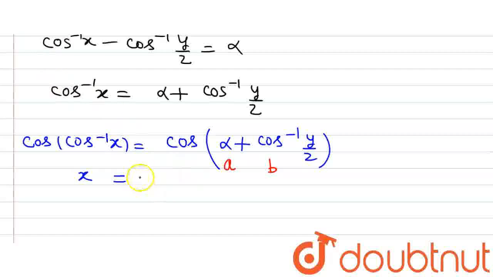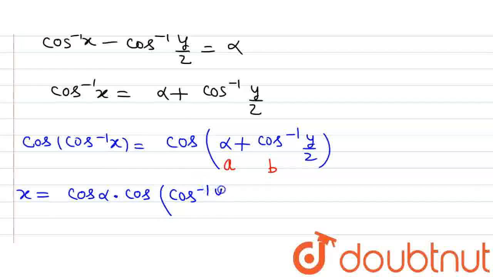So this can be written as x is equal to cos a, that means a is alpha, so cos alpha, multiplied by cos b. Cos b is cos of cos inverse y by 2, because b is cos inverse y by 2, minus sine of a, which is alpha, multiplied by sine of b, which is cos inverse y by 2.